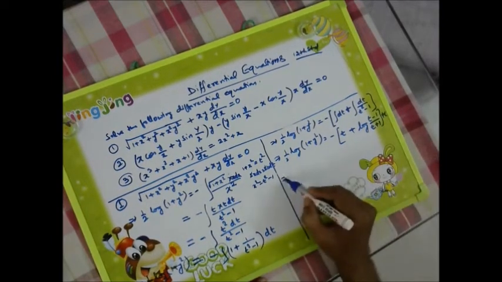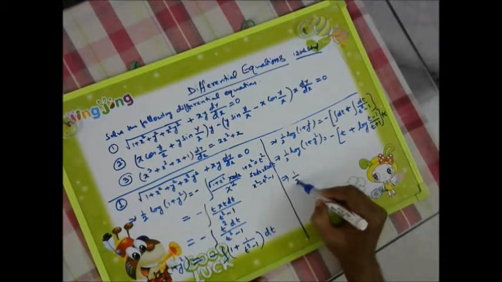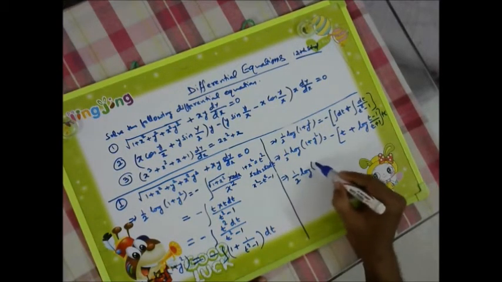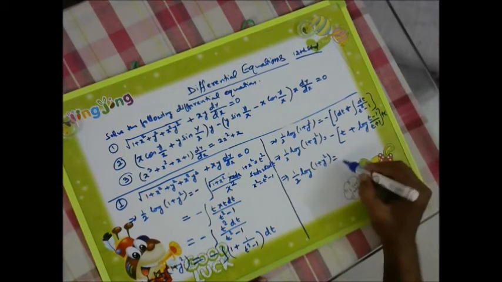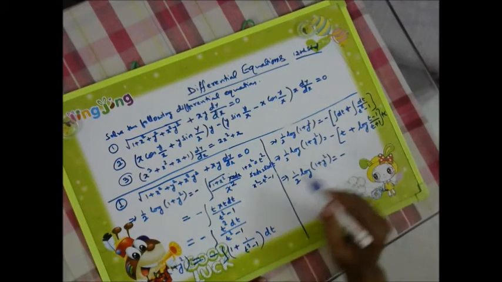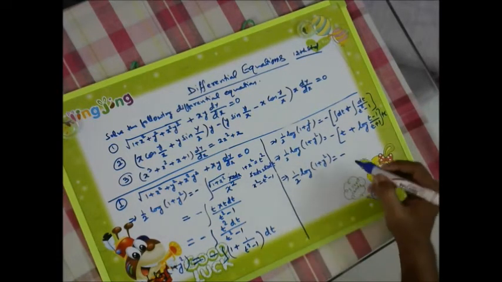Then further, half log 1 plus y square is equal to, so minus t. T is what? T is whole root 1 plus x square.